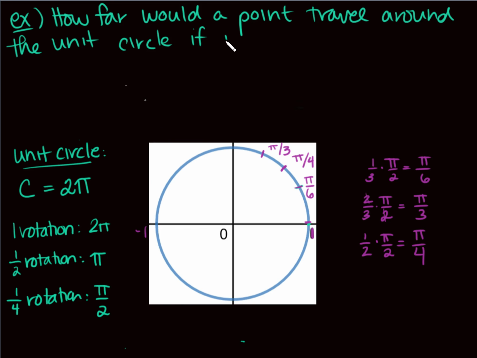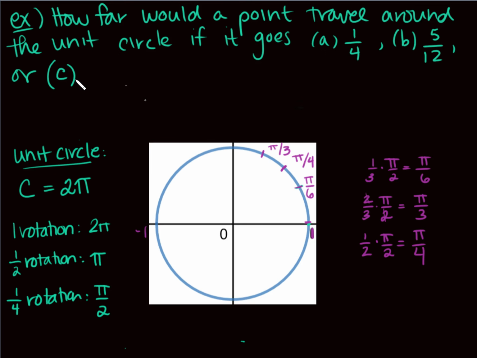If it goes, so let's talk about some fractions. We all like fractions, right? Let's look at if it goes 1/4 of the way around. Let's say 5/12 of the way around. Or, I don't know, what about part C?